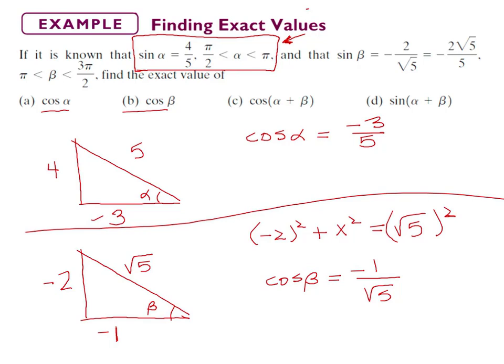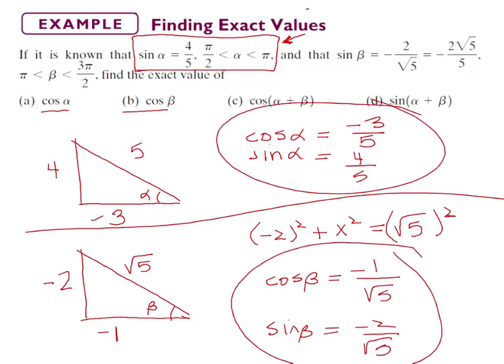All right, so now we have cosine alpha, cosine beta, and we also have sine alpha. It actually gave us sine alpha. Sine alpha is 4/5. And sine beta, they gave us, is -2 over the square root of 5. Right? So we have all our alphas and betas, and then literally we could just plug it into the formula.